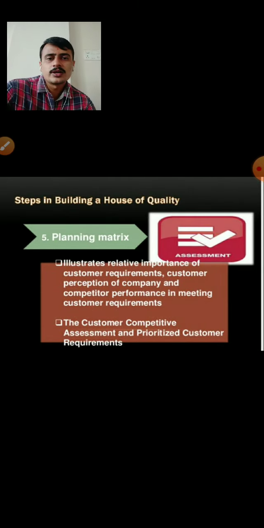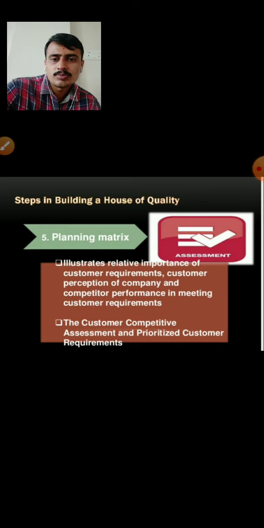Fifth is the planning matrix, that means assessment. It is the relative importance of customer requirement and the perception of company performance in meeting the customer requirement. It is a competitive assessment of priorities of customer requirement, that means planning matrix.